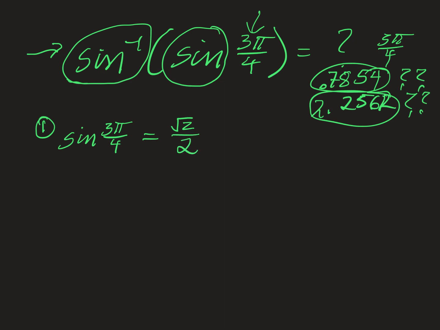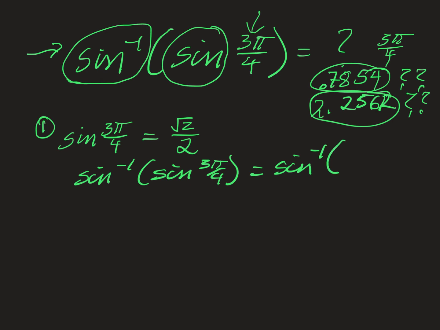So that means the inverse sine of the sine of 3 pi over 4 is equal to the inverse sine of the square root of 2 over 2. Now remember, when you take the inverse sine of an expression, it has to be a first or a fourth quadrant angle. This is positive, so we want the first quadrant angle that gives us the ratio square root of 2 over 2.